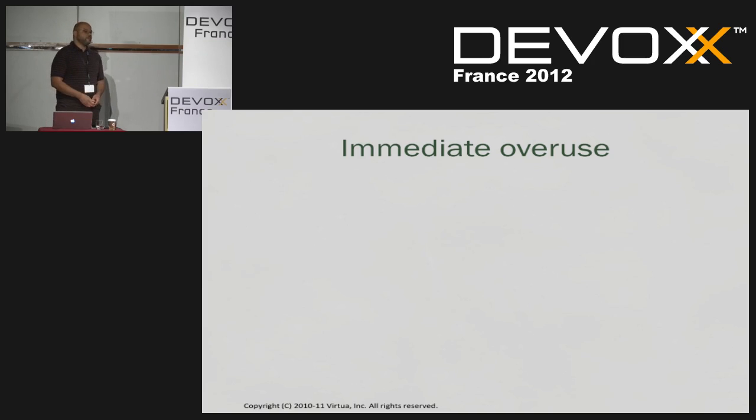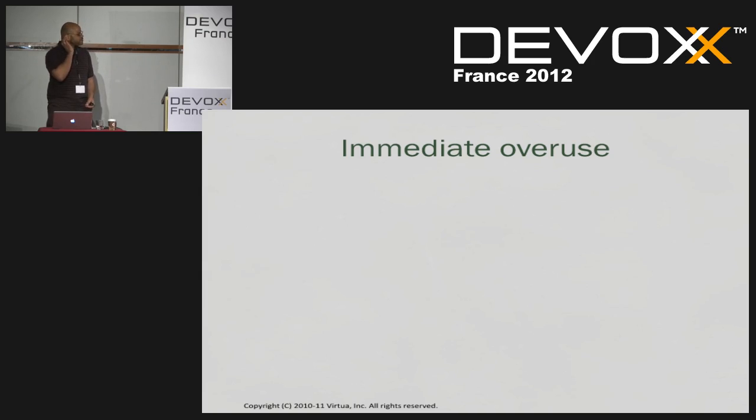So the most common use case for immediate is a cancel button or something. If you have a cancel button and you're submitting a form, you want the action for the button to be executed first before the whole page is submitted, because you don't really want to process the whole page. So that's the most common use case.